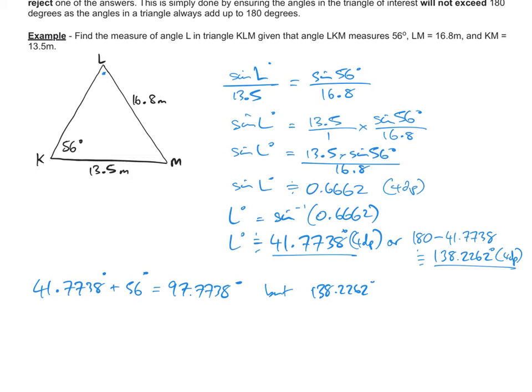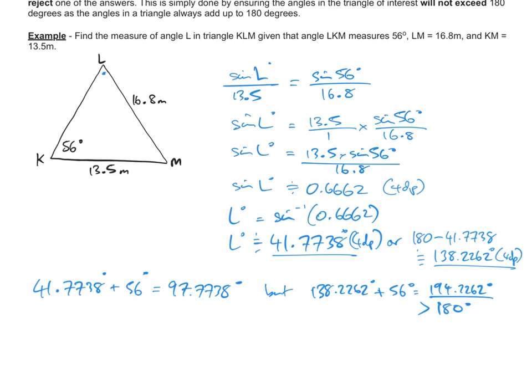But 138.2262, which is the other possible answer, add the other known angle in the triangle, which is 56. What you'll notice if you add those together is that that's greater than 180 degrees.